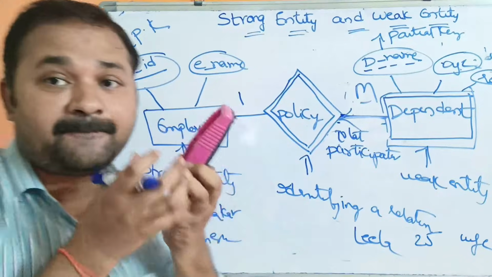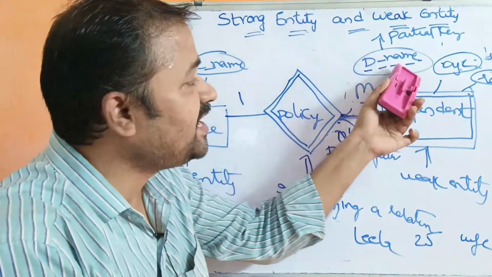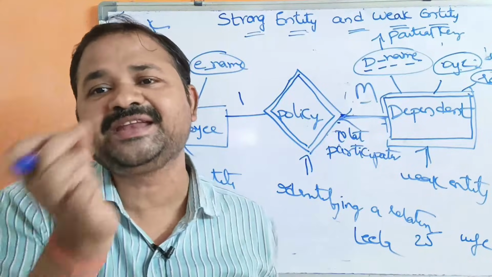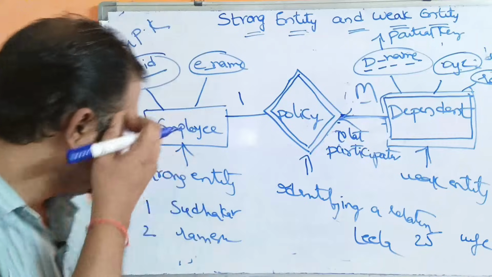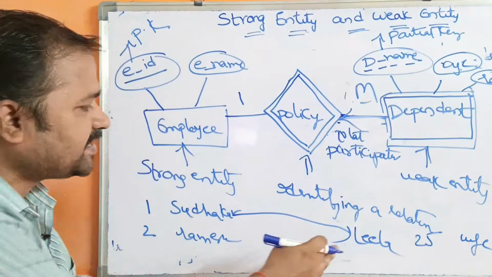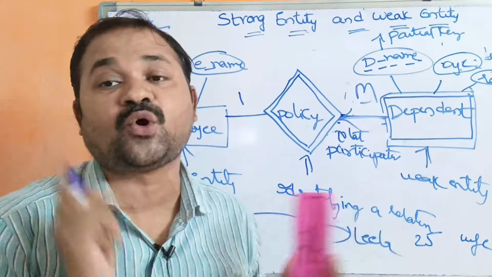Here we can combine this primary key as well as this dependent name in order to obtain a corresponding row. If we combine these two, we get 1, Sudhakar, Leela, 25, wife. So this is nothing but one row of the table.